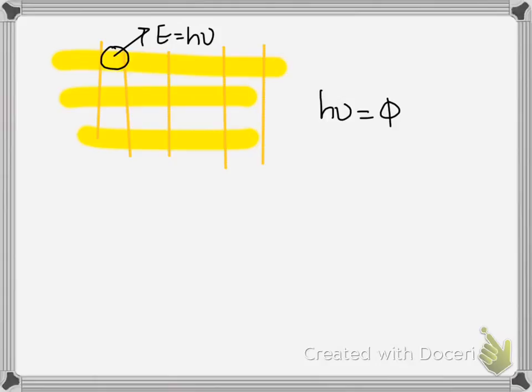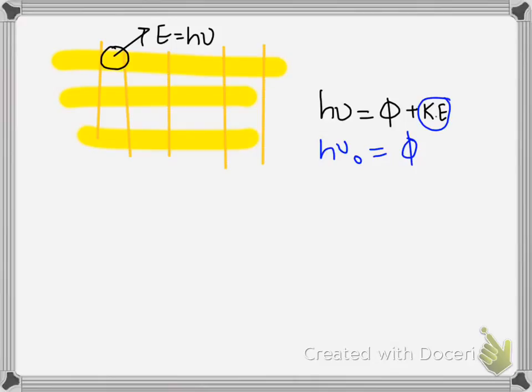So this is the work function or the energy required, and the rest of the energy goes into the kinetic energy of the ejected electron. This is called the Einstein photoelectric equation. If we consider the threshold frequency as that frequency at which the electron just comes out of the metal atom, then the kinetic energy can be treated as 0, and h mu naught will be equal to phi.